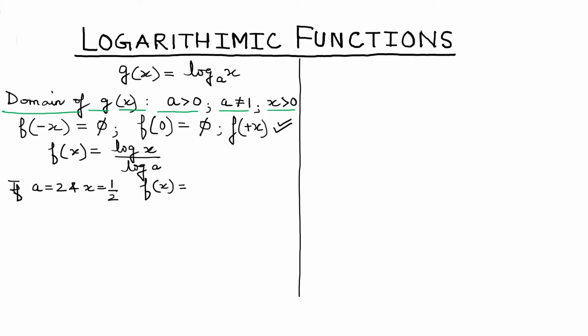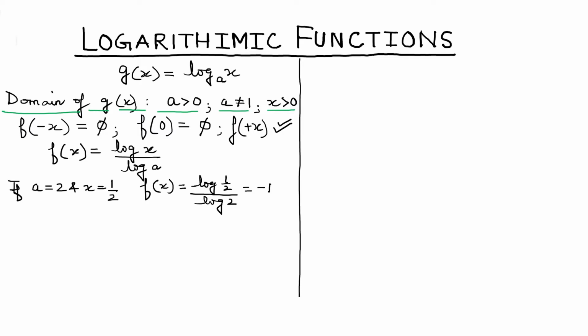We'll be able to say that this is nothing but log of half divided by log of 2, which is nothing but minus 1, because half is 2 to the power minus 1, so it can be written as minus 1 times log 2.